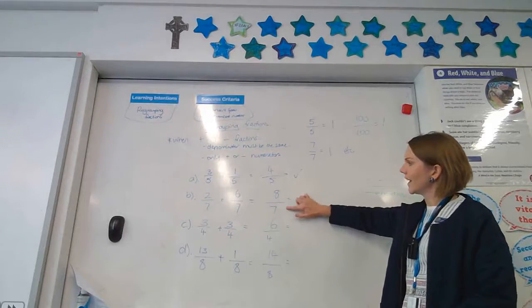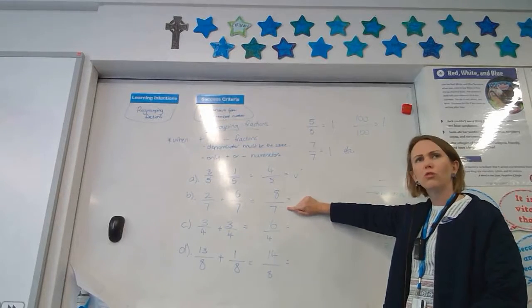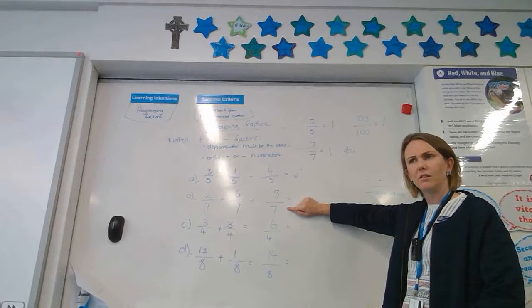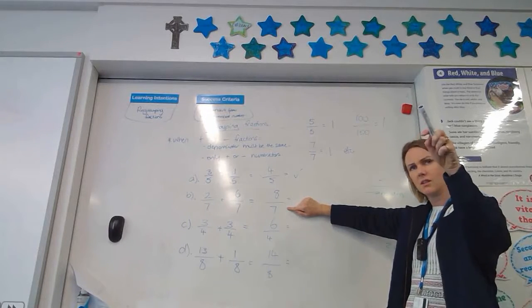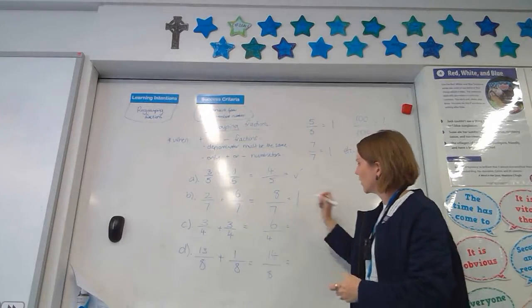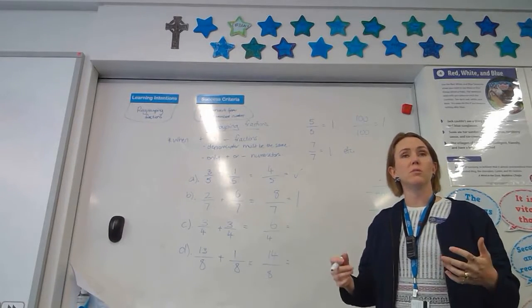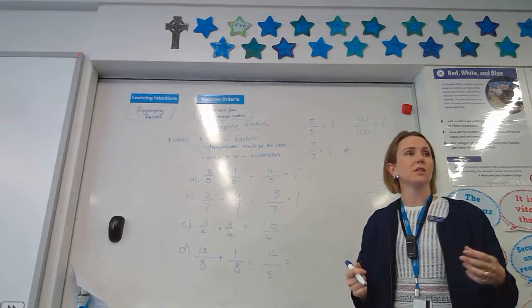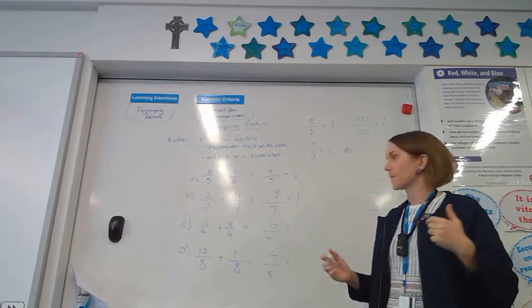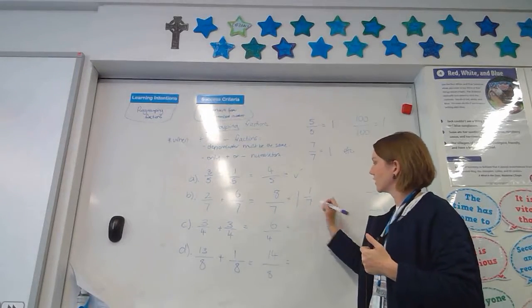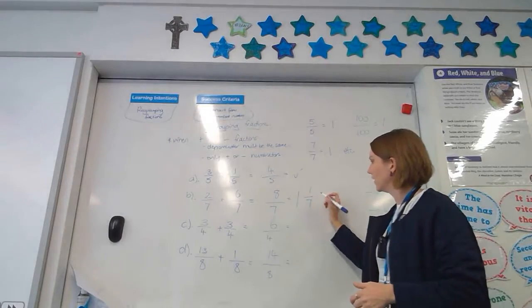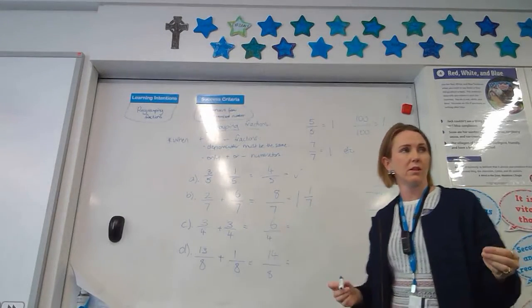So if I've got 8 out of 7, how many whole things do I have there? Baxter? 1. I have 1 whole. And what is left over? 1. Think of it in pizza form, because it's 8 sevenths, sorry. And 1 seventh. Cool. 1/7. That's exactly the right answer. It's not 1 and 1. It's 1 and 1/7. Okay?